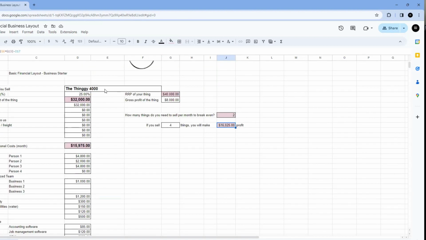So you can see here, if we doubled that, let's say we get to a point where we're selling 8 units per month. Very quickly, we're nearly at $50,000 a month in profit just by upping to 8 units per month. So that's 2 sales per week, which actually isn't that hard to do. But it shows you how quickly you could then scale.